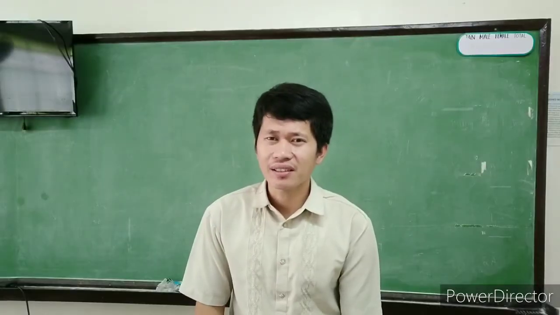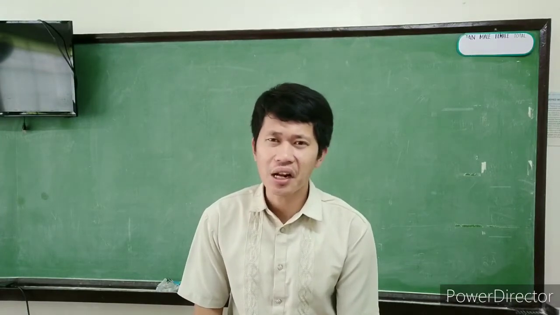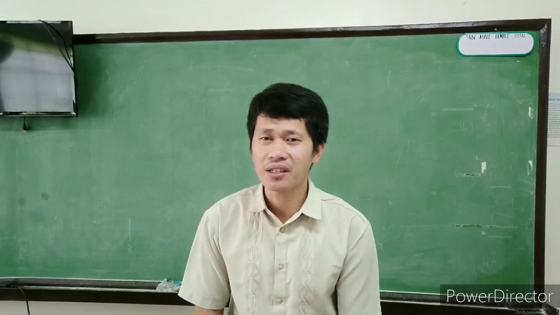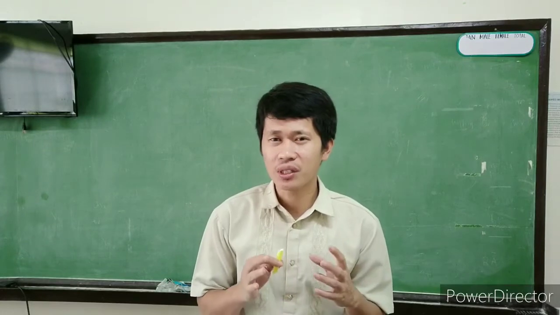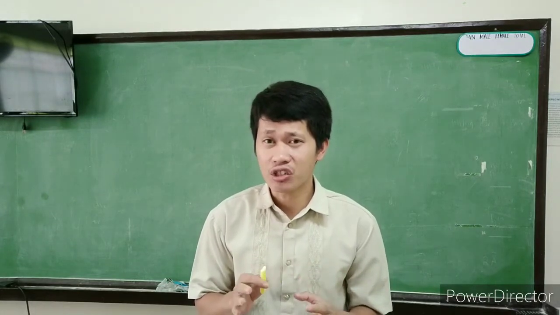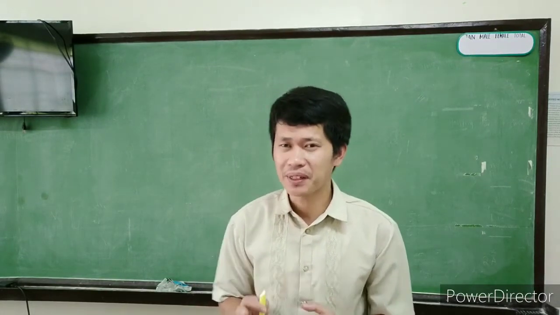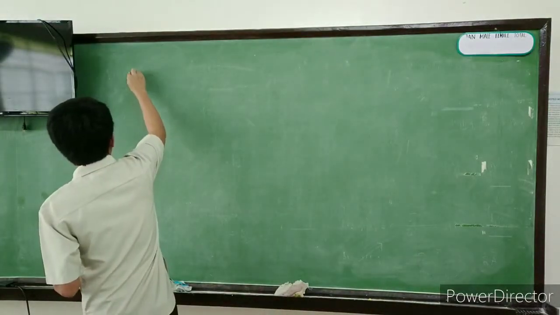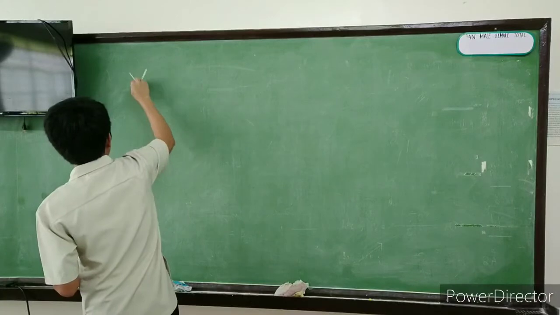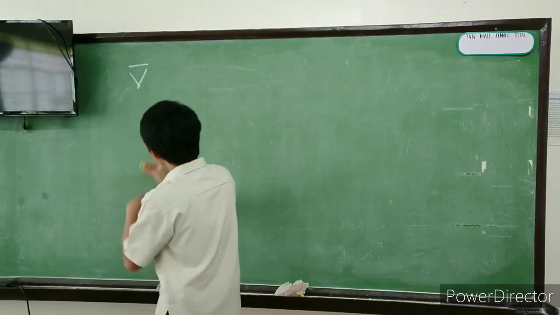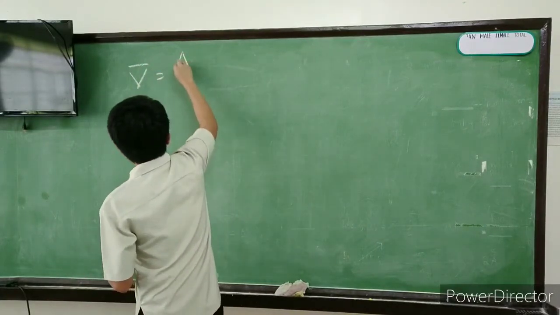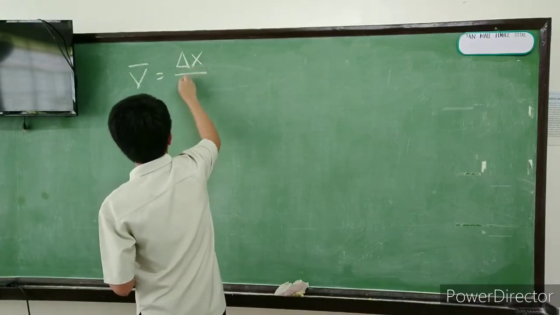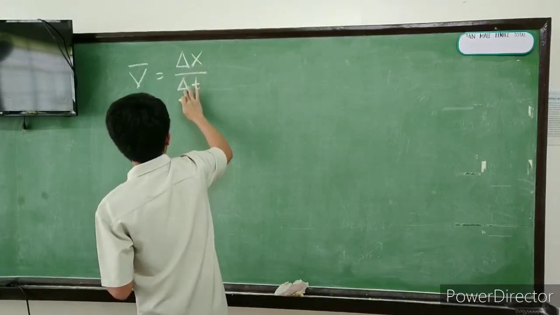Average velocity has a very nice graphical interpretation. Okay? So, average velocity is actually the slope of a line in a position versus time graph. Paano mangyari yun? The symbol for average velocity is a v with a bar on top, which is equal to change in x, delta x over delta t.